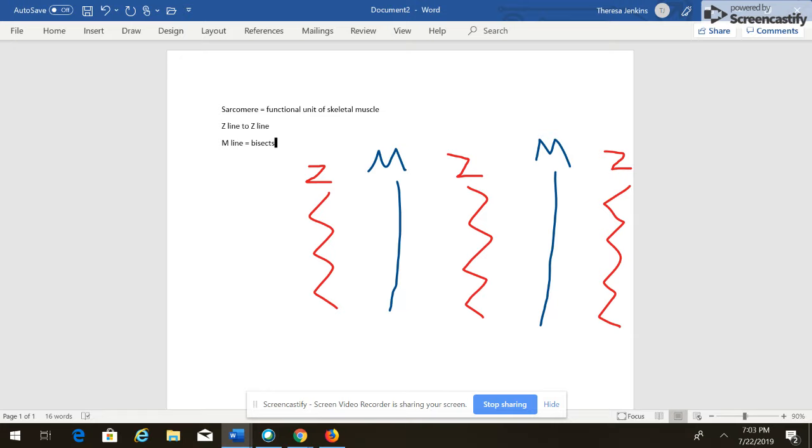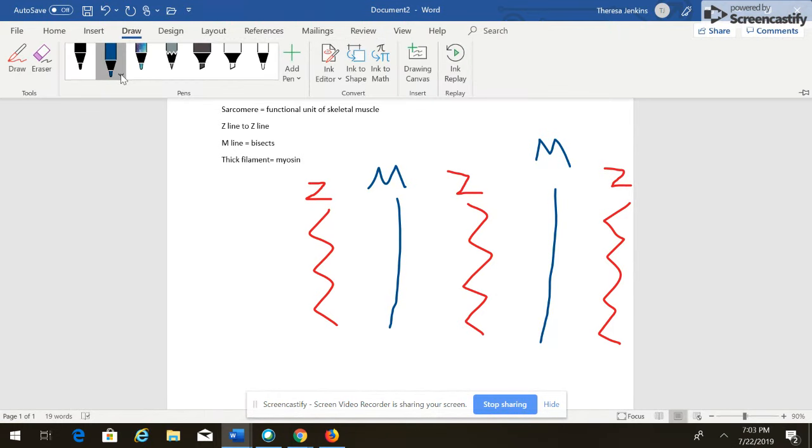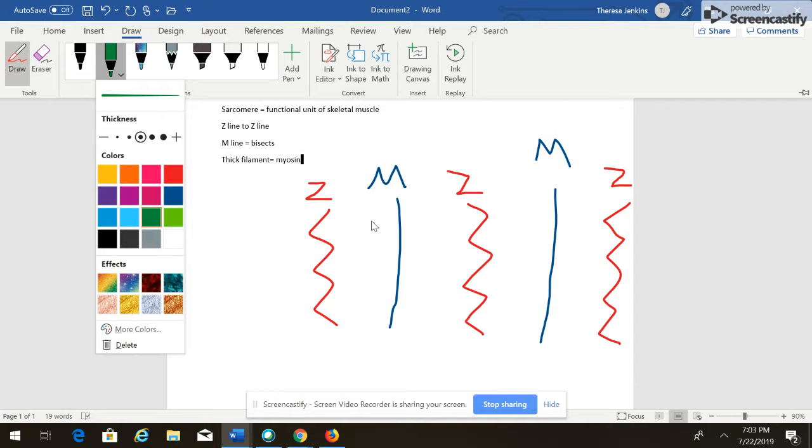So first we're going to start with our myosin. Myosin is a thick filament. Let's make myosin green.